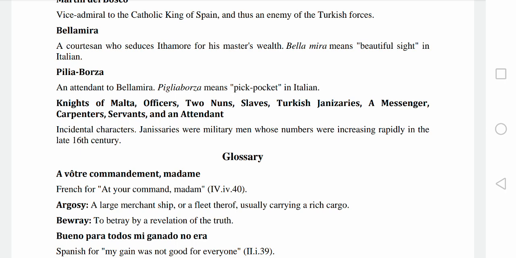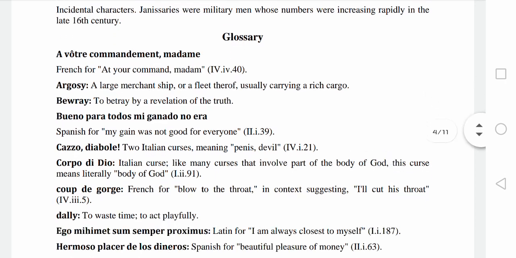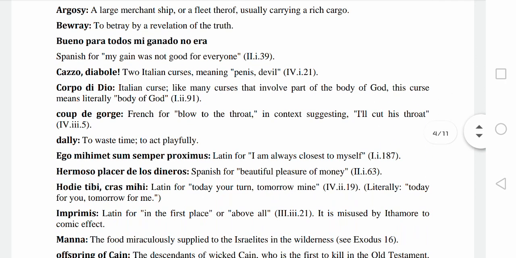It's the overall glossary, since the terms are quite primitive and it's sometimes difficult for us to understand.